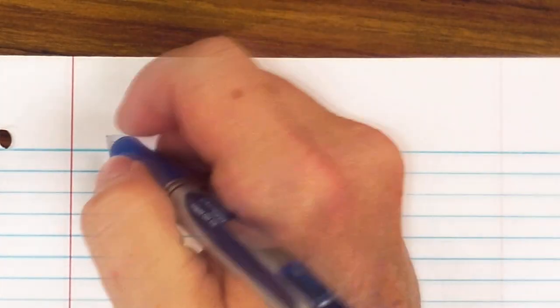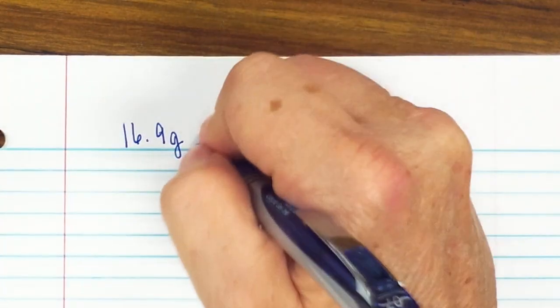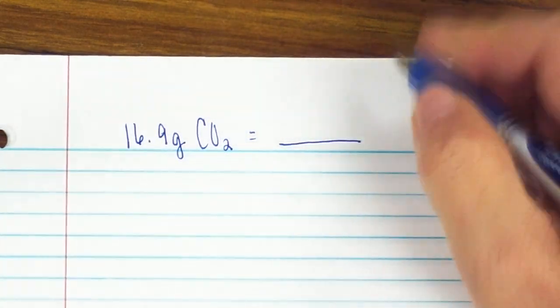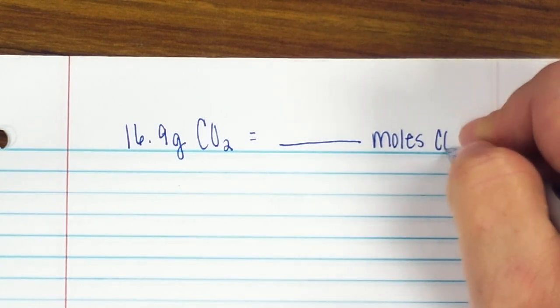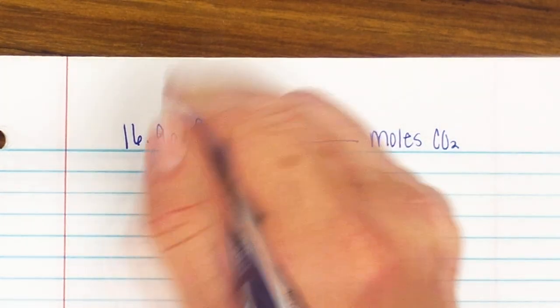What if I wanted to go from grams to moles? Let's say I had 16.9 grams of CO2, something really easy, and I want to know how many moles that is. The first thing I need is a conversion unit to go from grams of CO2 to moles of CO2, which is grams per mole, the molar mass of CO2.